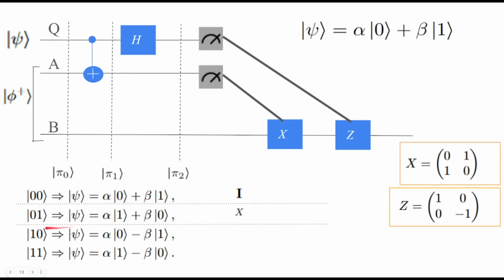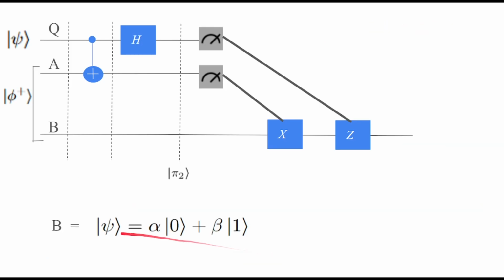But if we get A to be 1 and Q to be 0, we'll apply the Pauli X gate, which will basically switch the components of the vector. If Q is 1 and A is 0, we'll apply the Pauli Z gate, which multiplies the second component of the vector by -1. And in the case that both Q and A are equal to 1, we'll apply the Pauli X gate and then the Pauli Z gate, in that order.